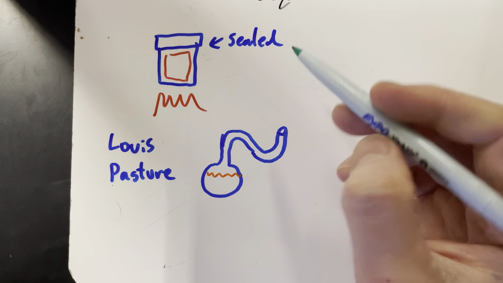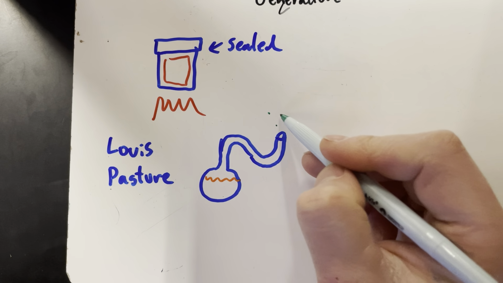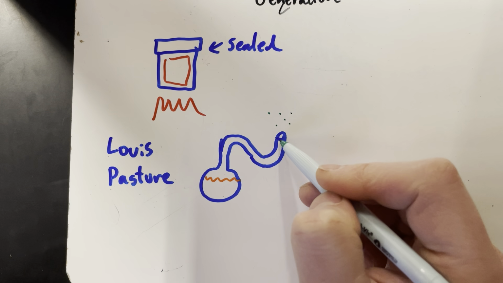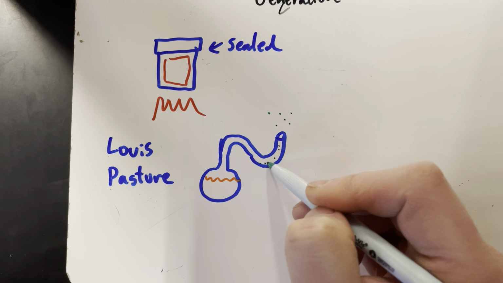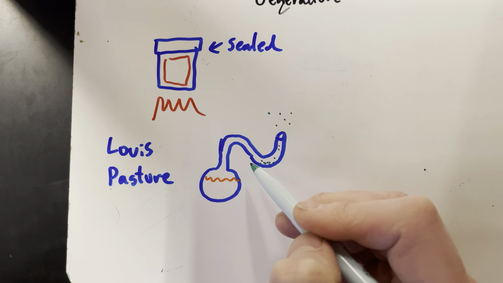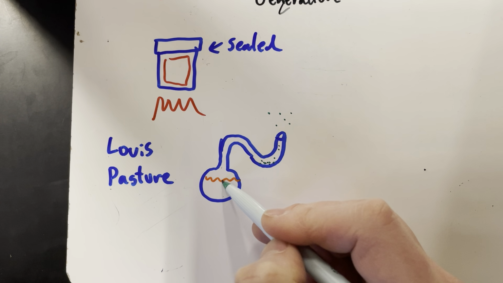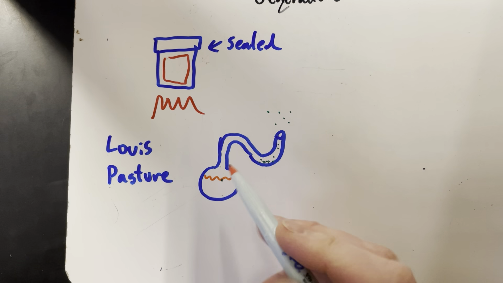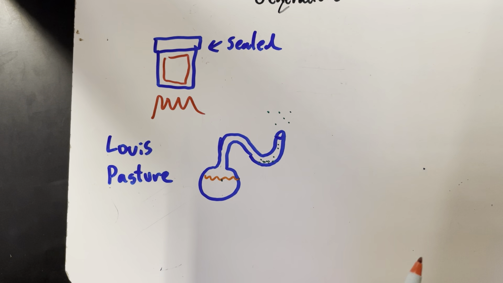What happened was the mold spores and the bacteria that are floating around in the air, they'd float down this neck, but then they'd settle right about here. And they couldn't make it up this part and back down. So his sterilized broth, even though it was open to the air, remained sterile.